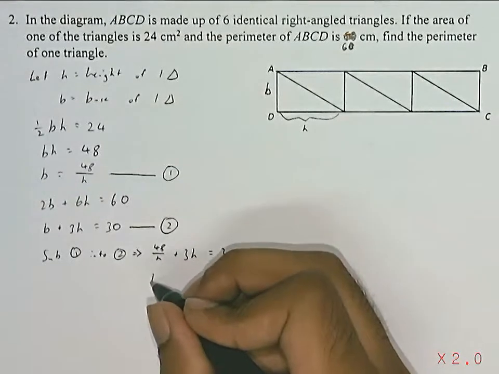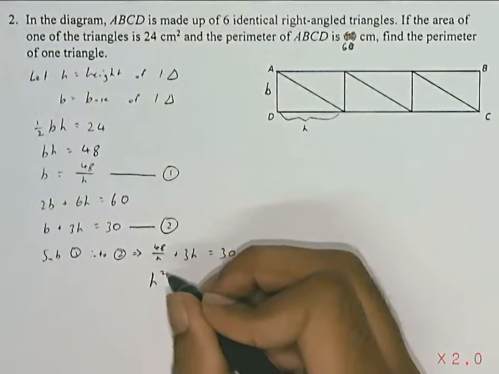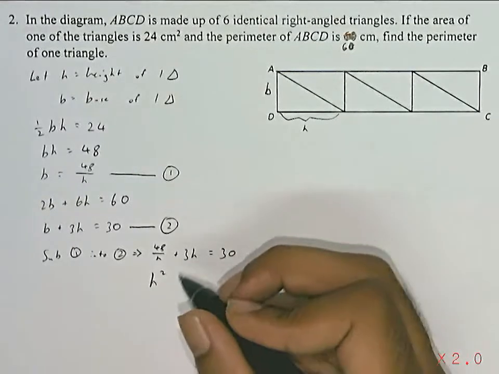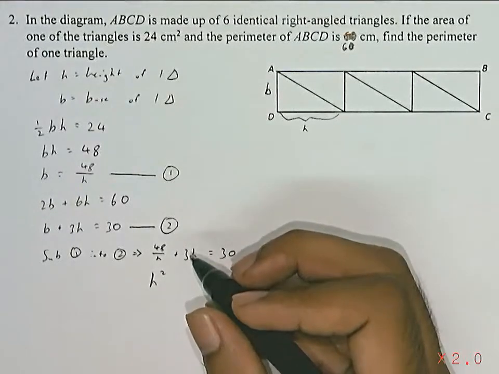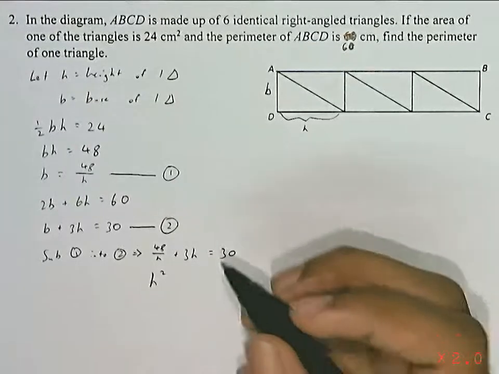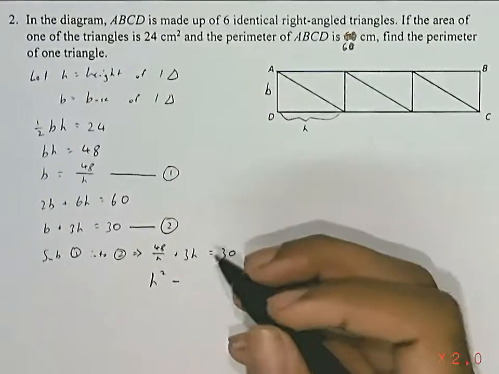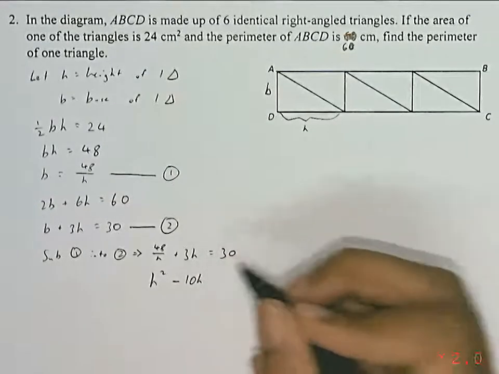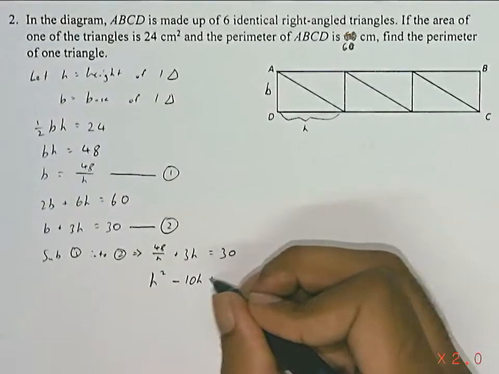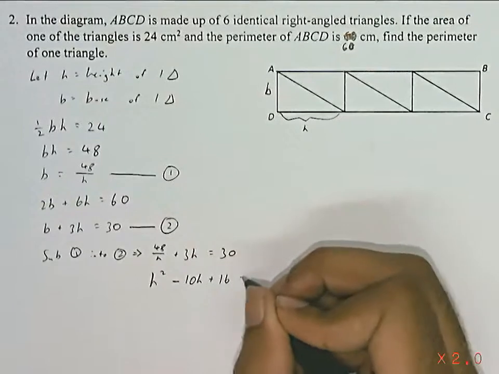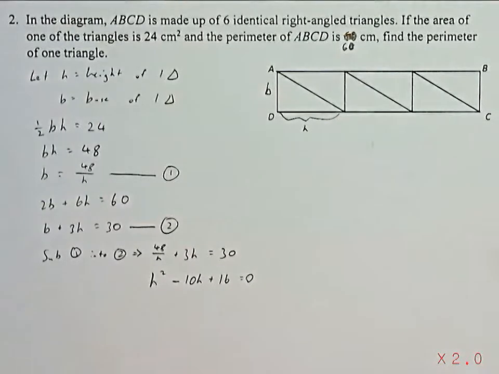We will get h squared, bringing over the 30, minus 10h plus 16 is equal to 0, and we are left with a quadratic equation.